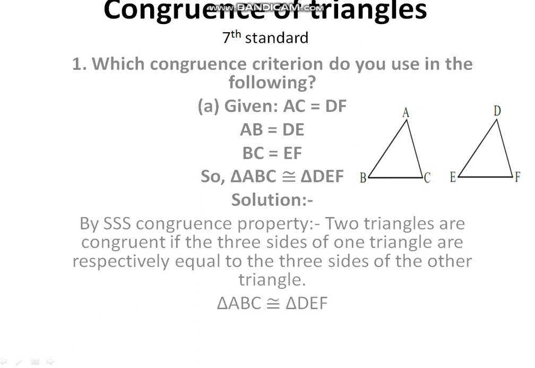Here we will solve the exercise problems. Which congruency criteria do you see in the following? Two triangles are given, ABC and DEF, and they have given the condition AC is equal to DF, AB is equal to DE, BC is equal to EF.